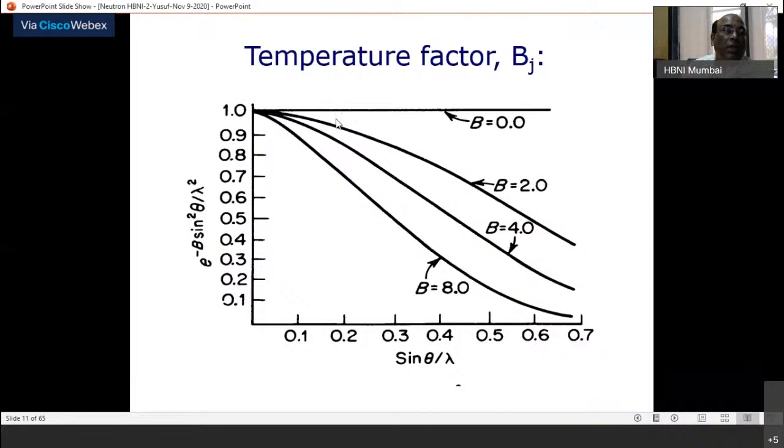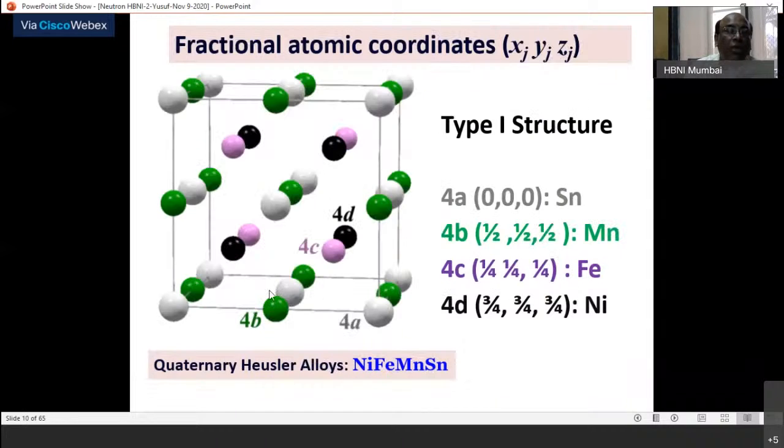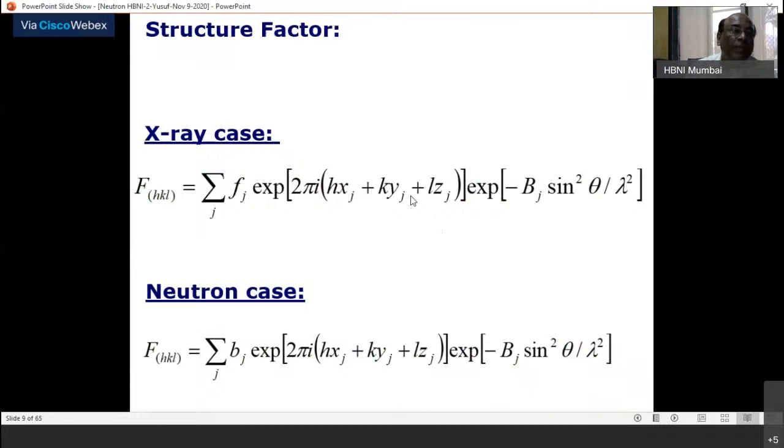I also talked about the atoms vibrating with respect to the mean position. That has some implication on your measured structure factor. I also talked about how, when you calculate the structure factor, you count the atomic positions in inequivalent crystallographic sites. You only count those.